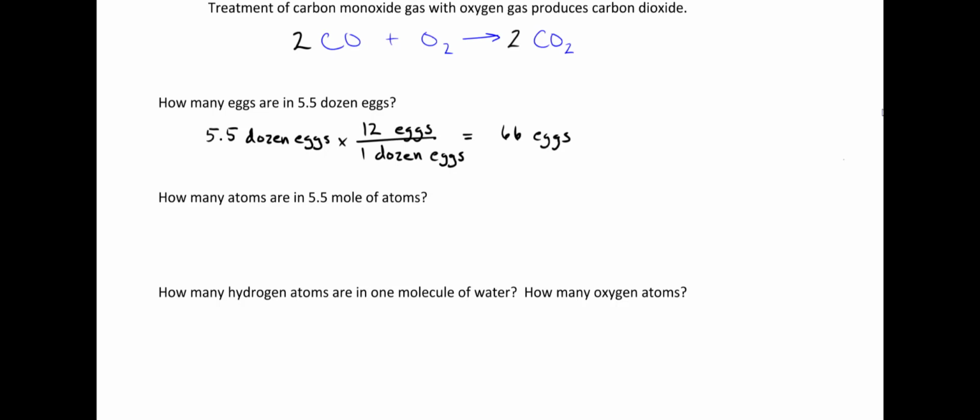Now let's solve a similar problem for atoms, but using moles instead of dozen. You'll see that the problem works essentially the same way. So we have 5.5, instead of dozen, we have 5.5 moles.